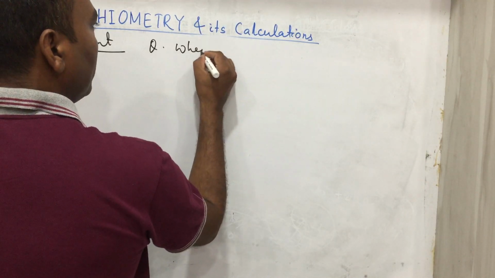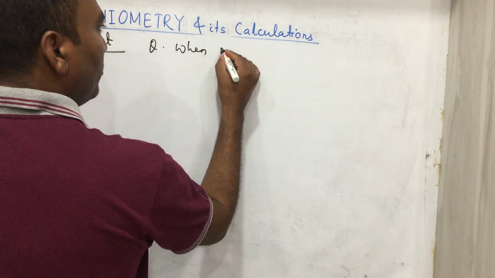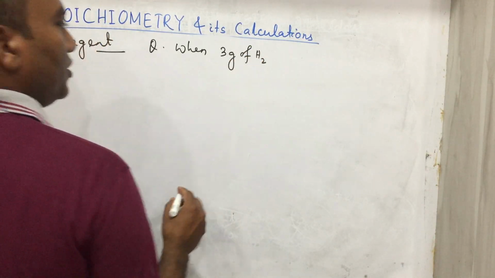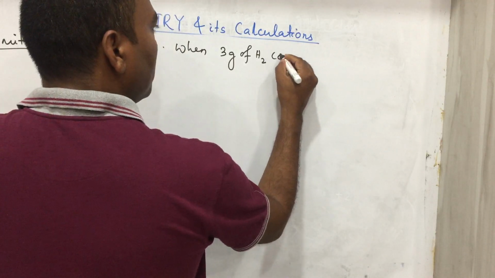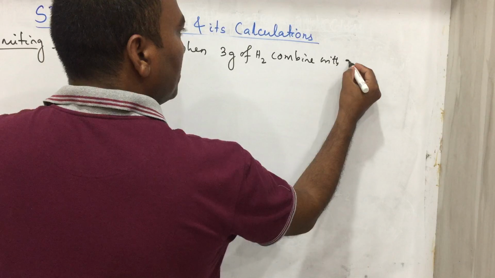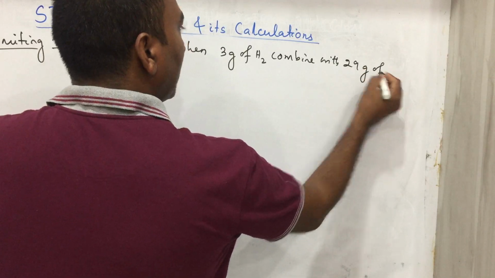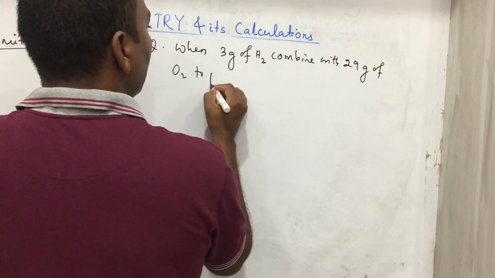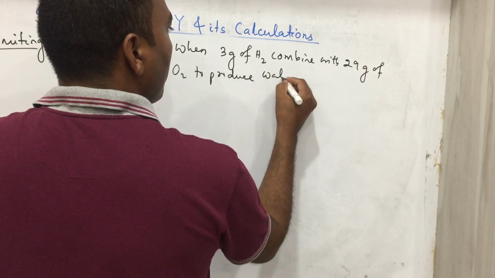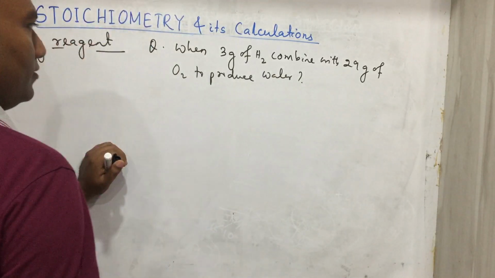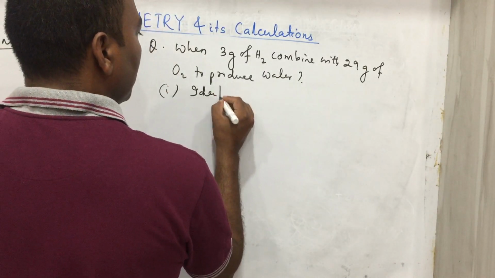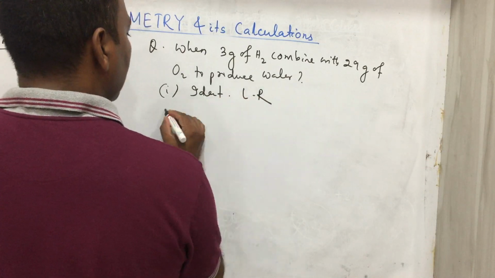Suppose one question is, when 3 gram of hydrogen combines with 29 gram of oxygen to produce water. Okay, the question is, identify the limiting reagent.